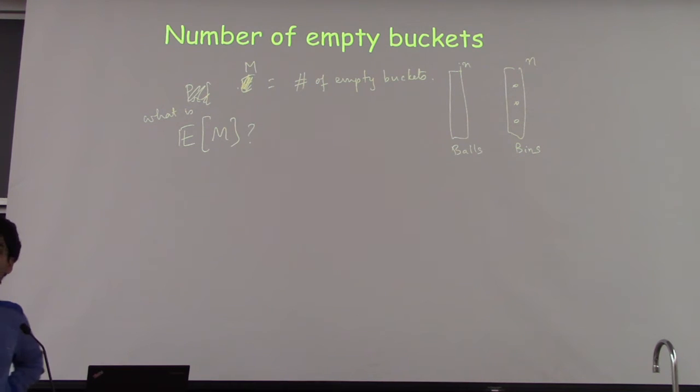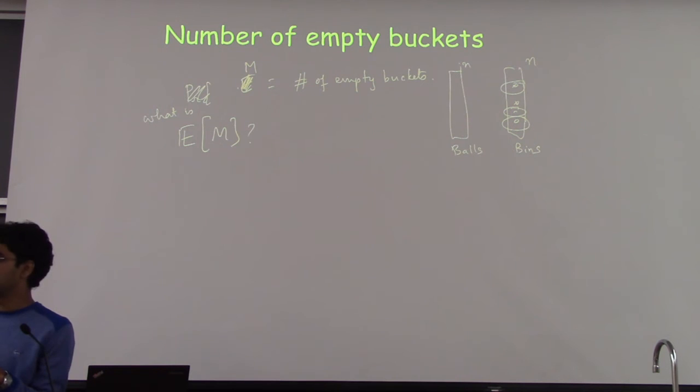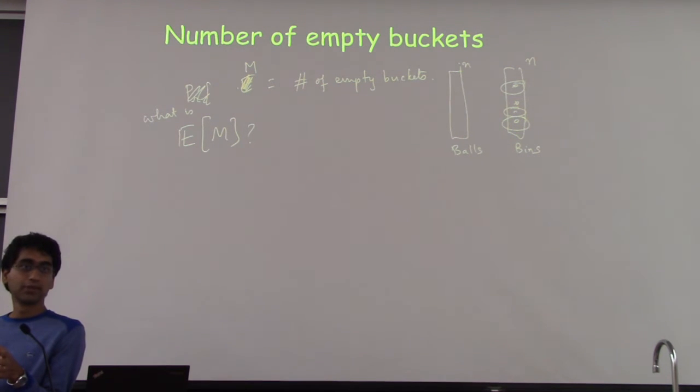And calculating that is a mess, because I have to pick 4 different buckets, find the probability that all of them are empty, then take a union over all possible choices of 4 buckets and so on. So this becomes messy. As I said, when you have to find the expectation of some aggregate quantity, you usually split it up into a sum of random variables.